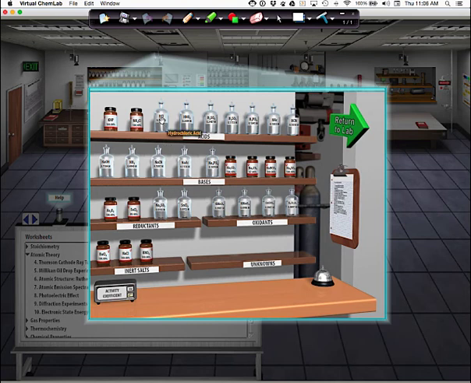When I click on it, it hands me the bottle and I can move it around. But what happened on the counter? See where it lit up? Those are the only places you can put the bottle. If you try to put the bottle anywhere else, it just goes back on the shelf. So listen carefully. You grab the bottle, put it down, and you'll know that you've done it successfully when it goes.